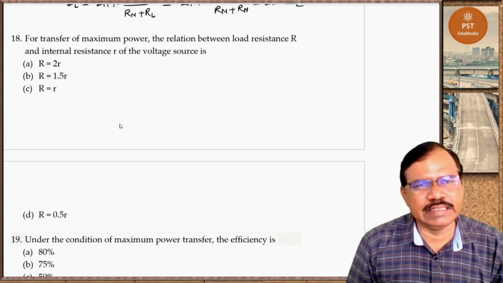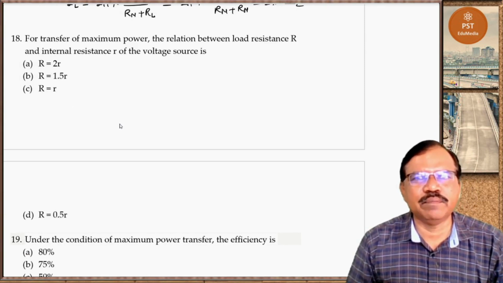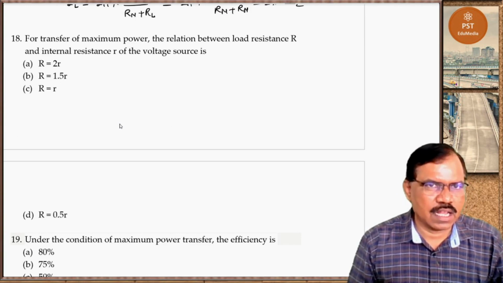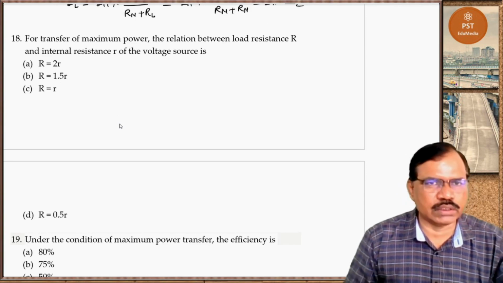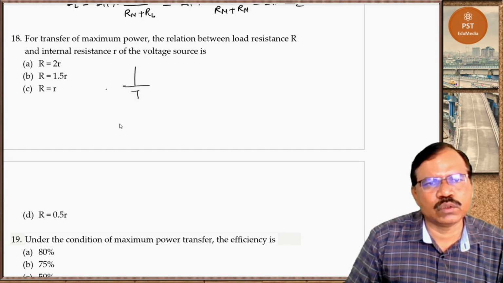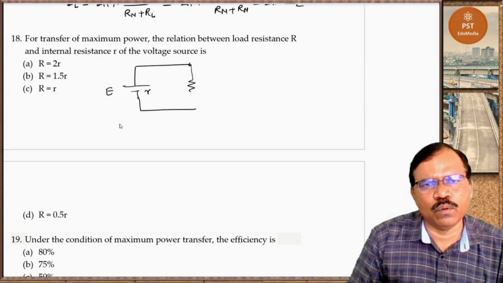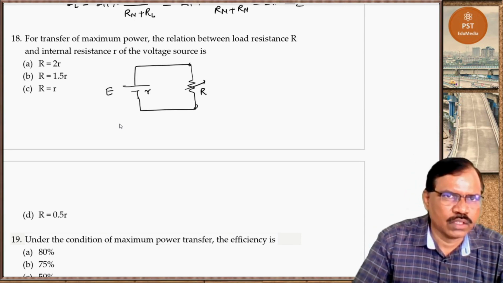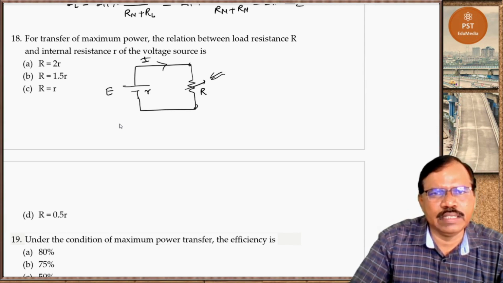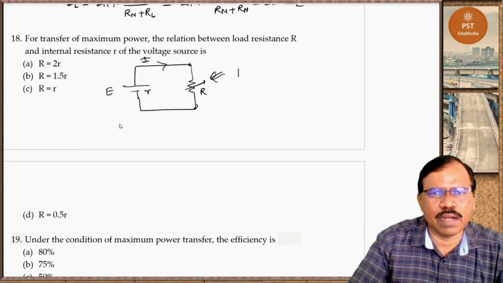For transfer of maximum power, what is the relation between load resistance R and internal resistance small r of the voltage source? Here this is a source with internal resistance r, suppose, and here we apply load resistance R, a variable resistance. So what happens? Current will flow through this circuit and power will be delivered to the load. And what is that power?